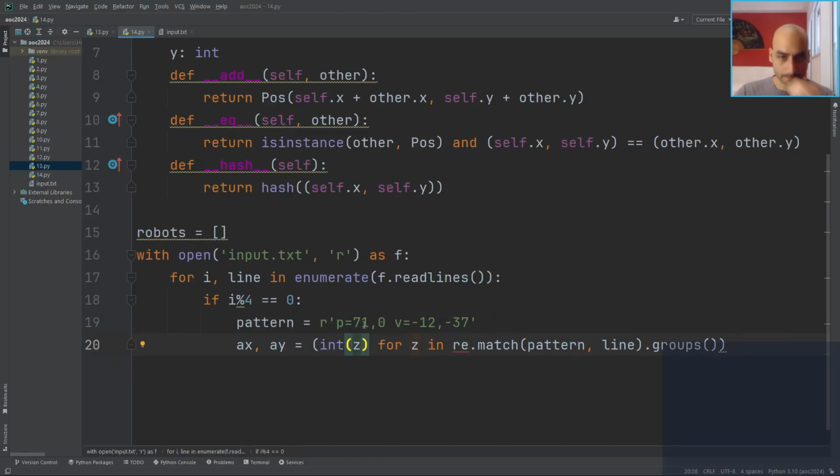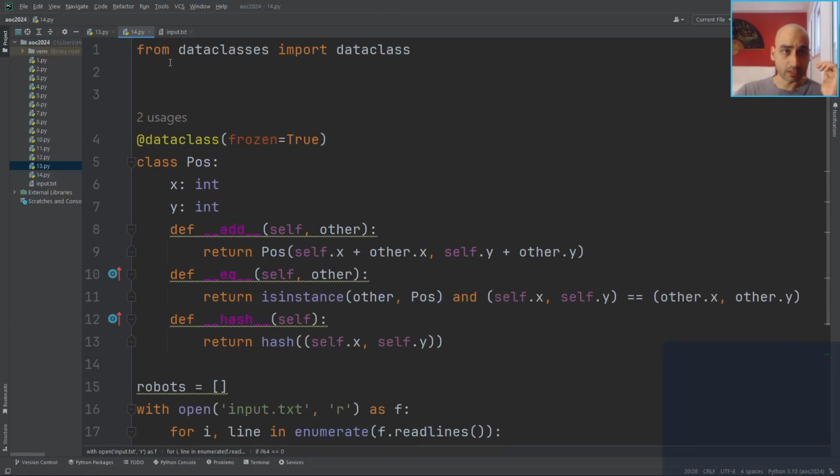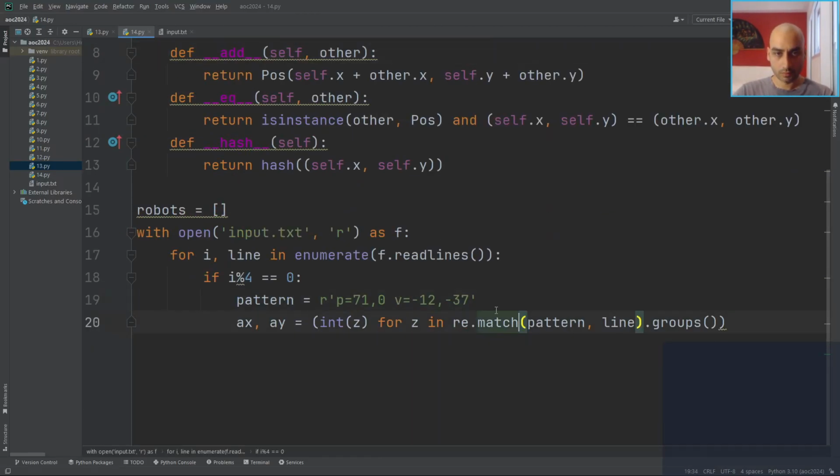But we need it so that we can have negative numbers as well. So this will be a capture group. Do we just want character? Just character. Hang on, I've got to look up regex.